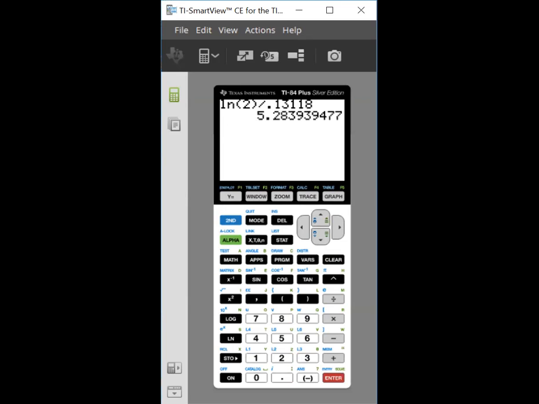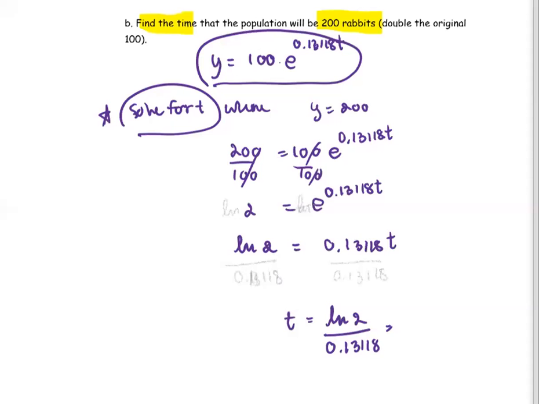The number comes out to be 5.28, and the unit is days.